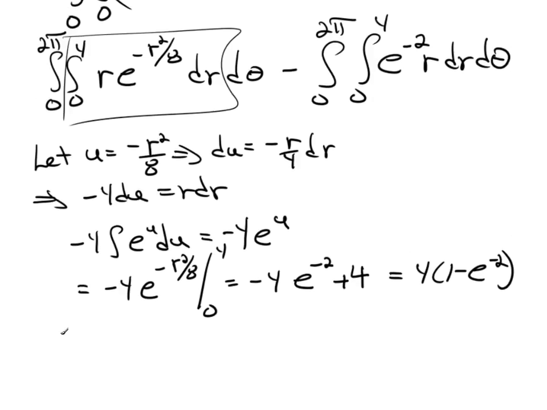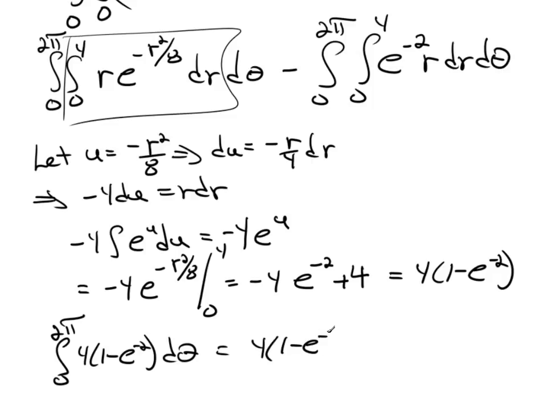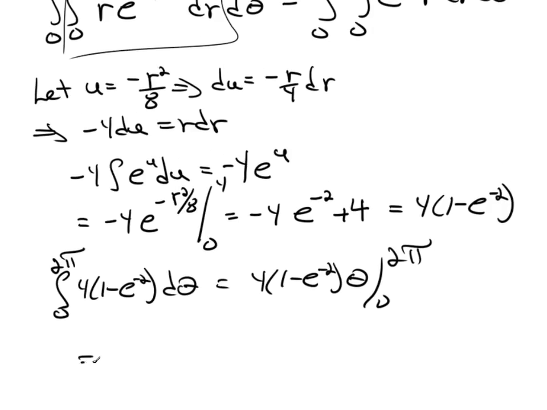So now I need to integrate that with respect to theta. So I have from 0 to 2 pi of 4 times 1 minus e to the negative 2 d theta, which is obviously just 4 times 1 minus e to the negative 2 theta from 0 to 2 pi, which is going to be 8 pi times 1 minus e to the negative 2.